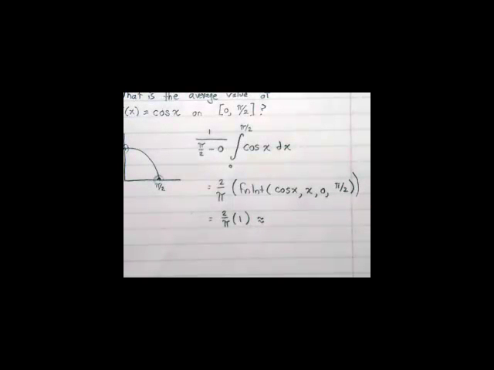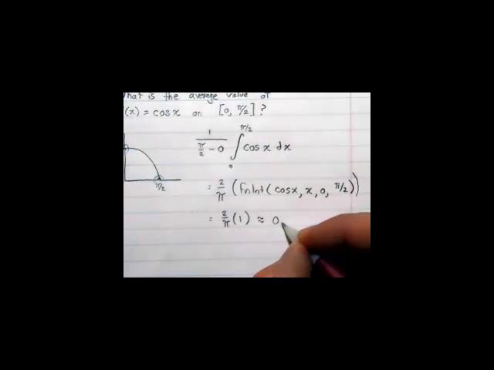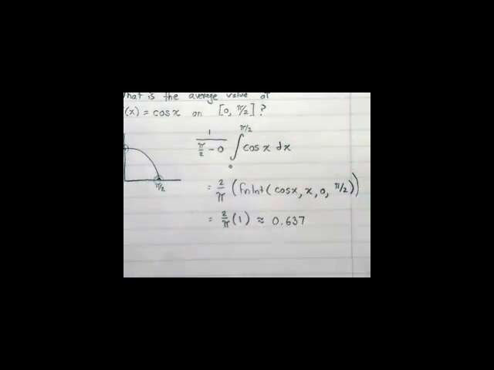What is that exactly? 2 divided by pi? It's going to be somewhere close to a half. It's actually... makes sense what we're doing there and how it works.